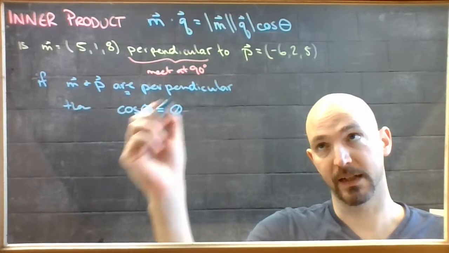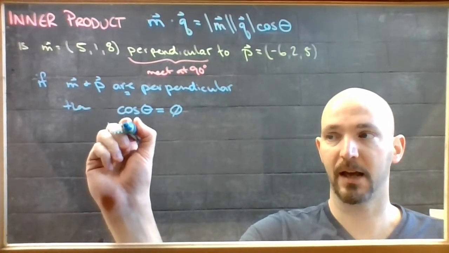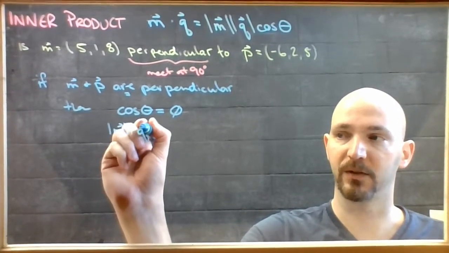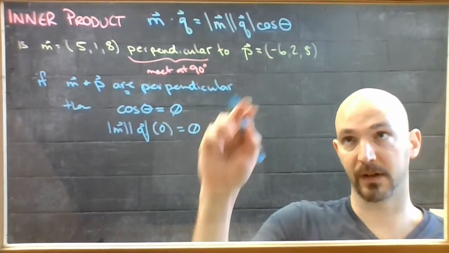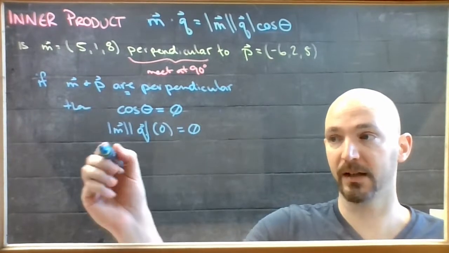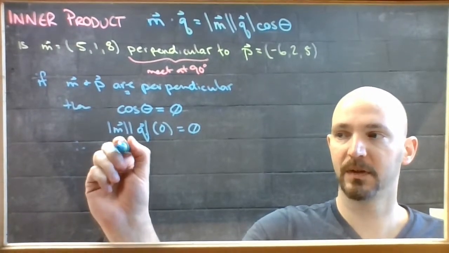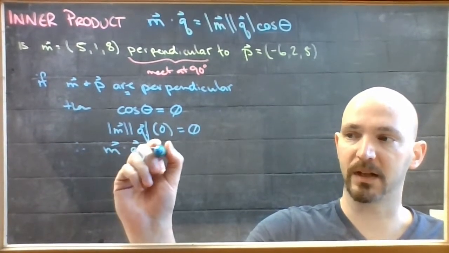If cos theta is equal to 0, then magnitude of M times magnitude of Q times 0 would be 0. Right? 0 times those two things, they go away. Therefore, M dot Q would equal 0.